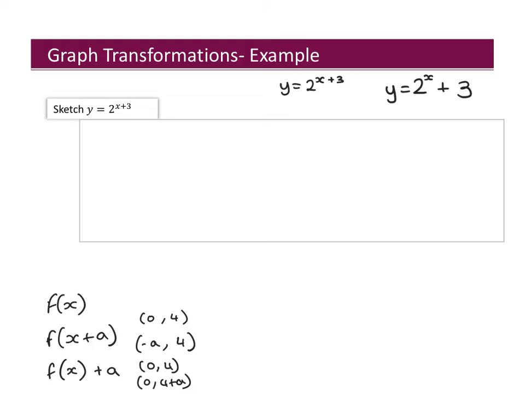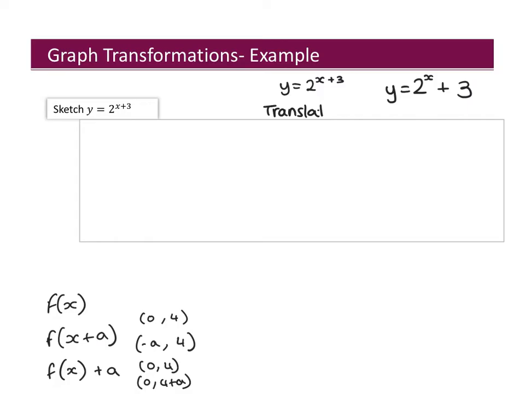So, is it inside or outside the bracket? Inside. Who does it affect? It affects x. And what are we going to do? We're going to minus 3 from all the x values, which means we're actually translating it to the left, aren't we? 3 units. We need to really understand what's going on.